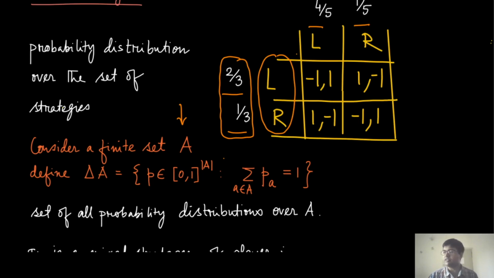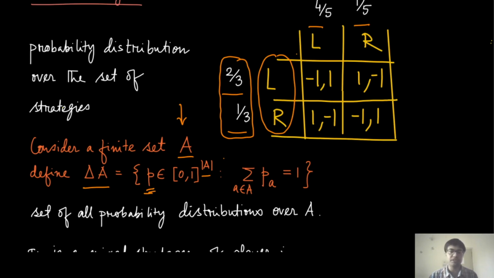So therefore, consider a finite set A, and by this notation, delta of A, we are going to denote all the distributions on this finite set A. So what does that mean? This set is essentially the collection of all those vectors. Notice that this vector P has the length of the size of this finite set. So let's say if there are m elements in this finite set, then the length of P will be m.